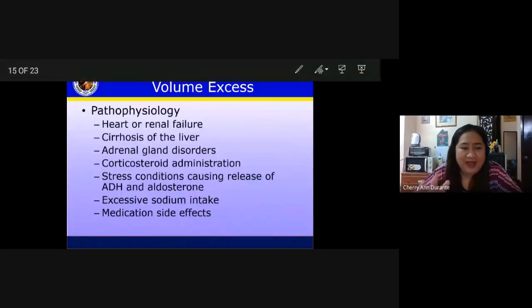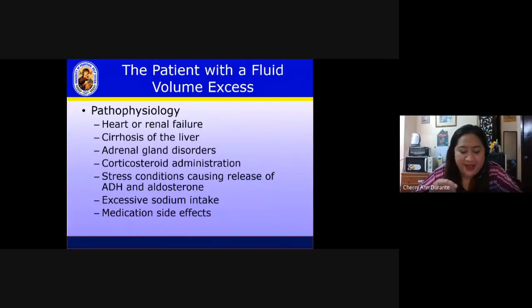Now, what's the pathophysiology of fluid volume excess? As I've told you, you have heart failure, renal failure, liver cirrhosis, adrenal gland disorders. Dito na papasok si Cushing's disease. Later on, we'll talk more about that.